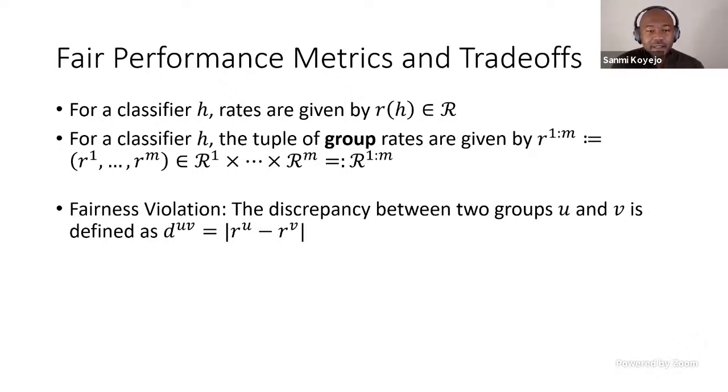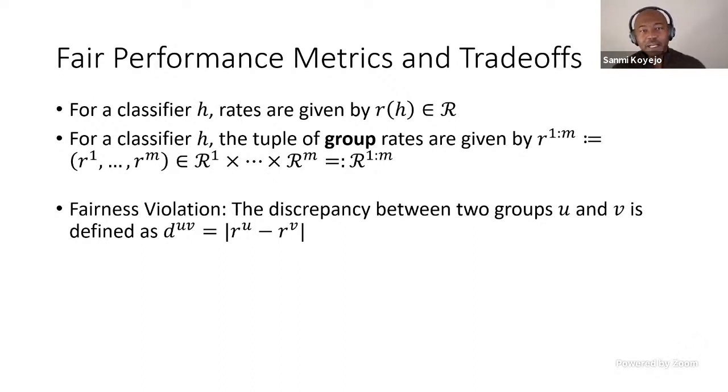In this case, again, a confusion matrix for every group. In order to quantify different notions of algorithmic unfairness or fairness violation, we define an explicit fairness violation quantity. This is defined as the difference between the statistics between every pair of groups. So again, you compute a confusion matrix per group.